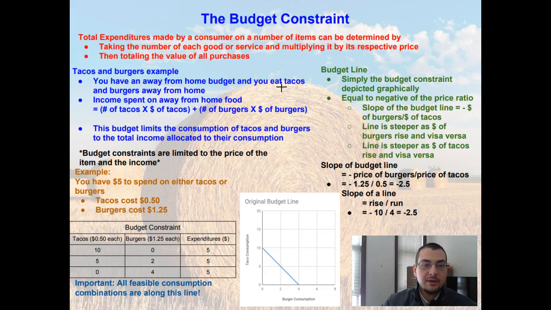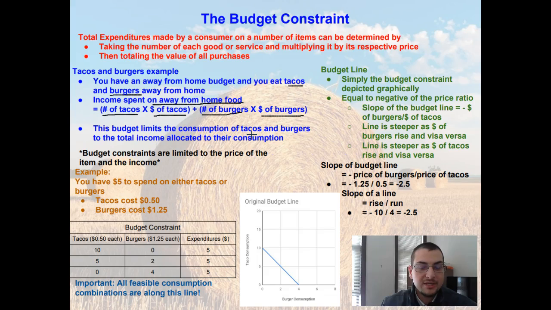Well, if you only buy tacos or burgers away from home, that equation becomes relatively simple. The amount of income that you spend on away from home food would then be equal to the number of tacos times the price of the tacos, plus the number of burgers times the price of the burgers. So the budget limits the consumption of tacos and burgers to the total income allocated to their consumption.